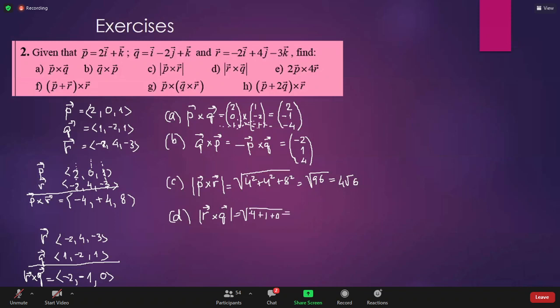So in fact, what we would see here in this case is that square root of 5 would be the area of the parallelogram built on these two vectors.